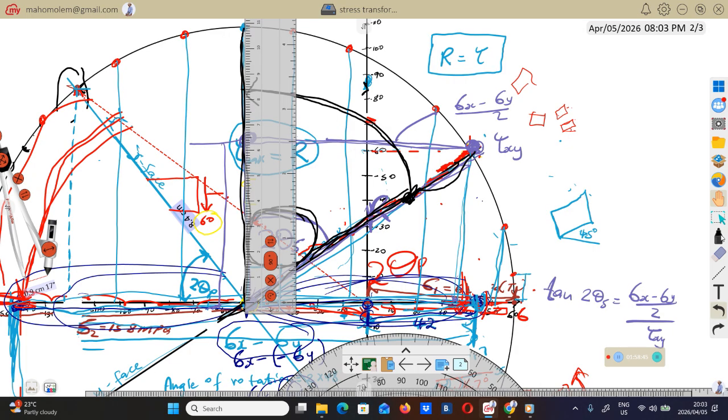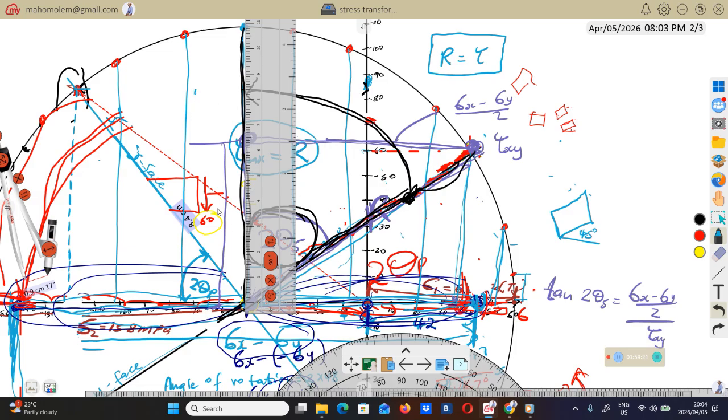So you will see from that point of origin to here is about, this is 10 centimeter. This is 10.9 centimeter. This is what, 11 centimeter. So it's 10.9 centimeter. So this is going to give you the maximum shear stress.